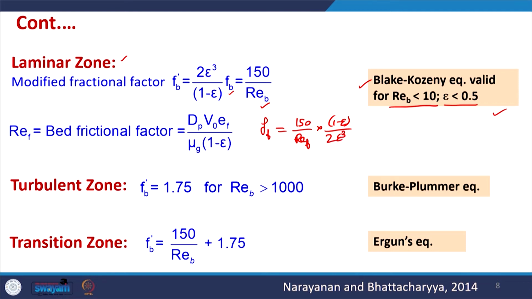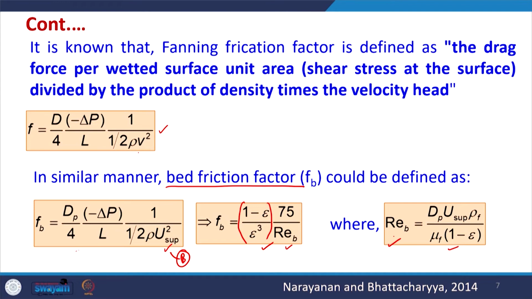So, this will be the equation for finding out FB. Or for easiness it is very easy to remember that FB dash is equal to 150 by REB, where the bed Reynolds number is defined by this. This is the usual Reynolds number definition, the only difference being the multiplication by 1 minus epsilon.